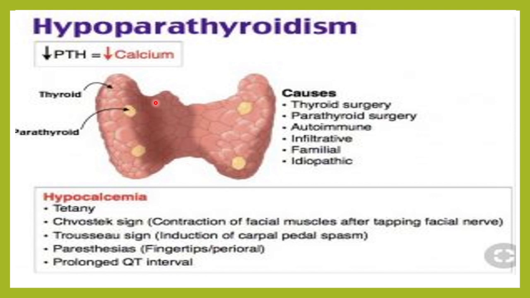Whenever there is parathyroid hormone deficiency, the calcium level in the blood will be low. So remember, if the PTH is low, calcium is going to be low. Any condition that can affect the PTH, whether surgery, autoimmune, infiltrative, or certain syndromes, can decrease calcium level in the blood.